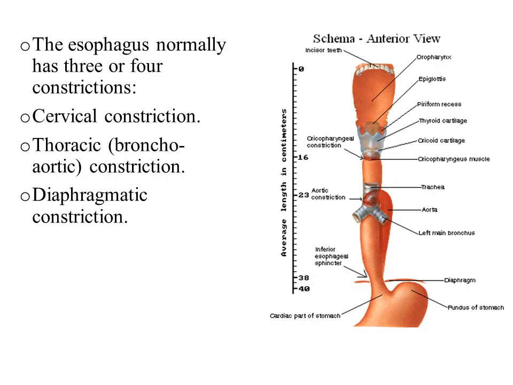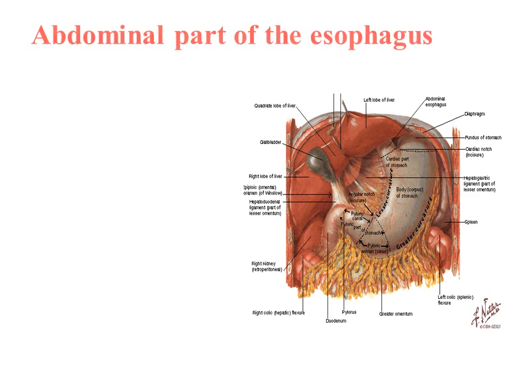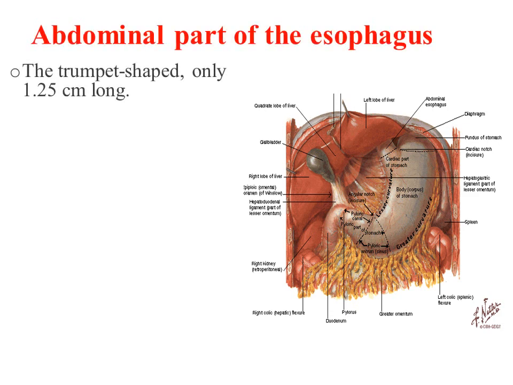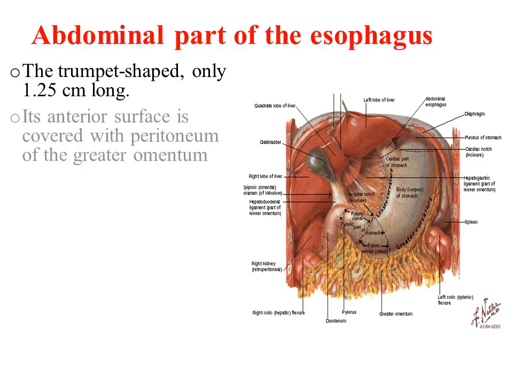And also the diaphragmatic constrictor, which is about 40 centimeters from the incisor teeth. We have the abdominal part of the esophagus, which is trumpet-shaped and only 1.25 centimeters long.